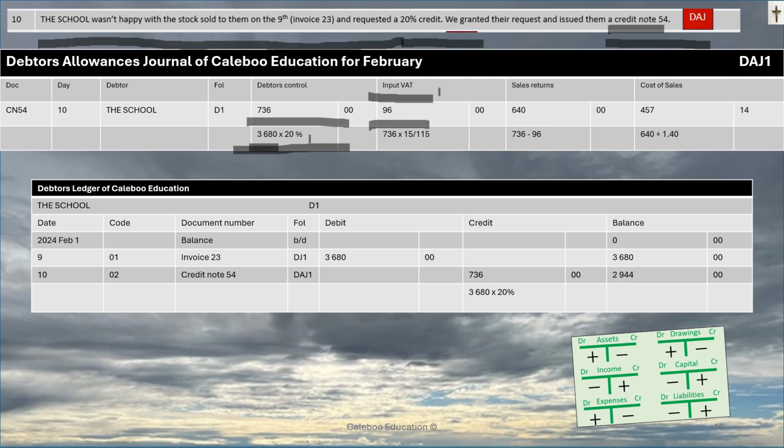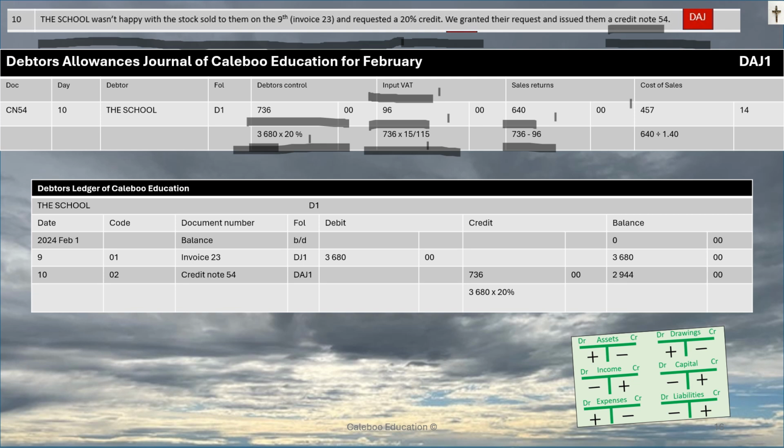And the amount is calculated by the amount of the credit, 736, which includes VAT, multiplied by 15 over 115, which is 96. Remember, this is revision, what I'm saying now, but I'm just going over it again. And then the sales returns amount is the sales return amount excluding the VAT, and it's 640.